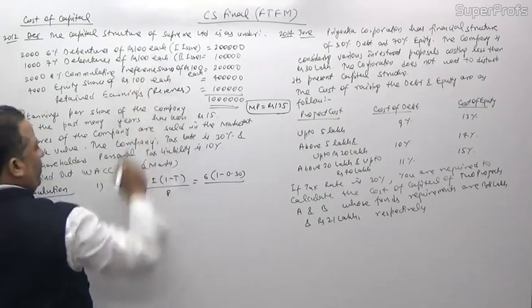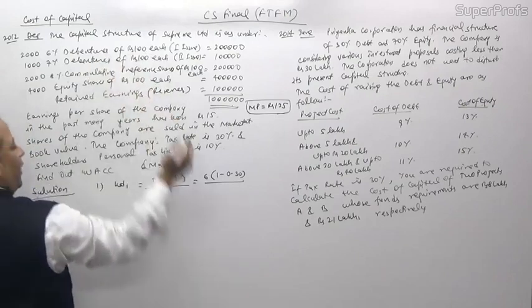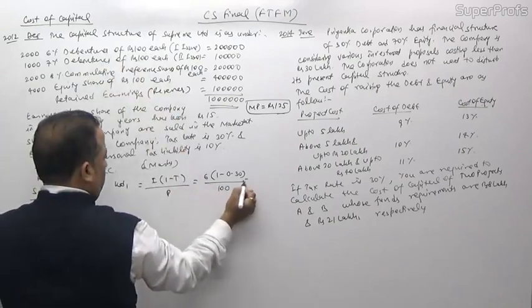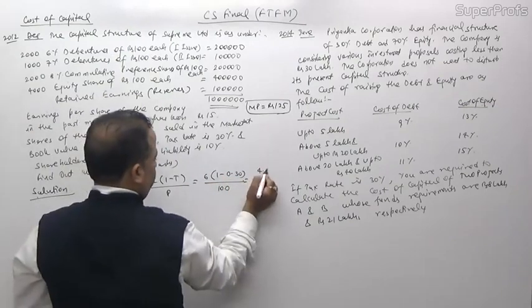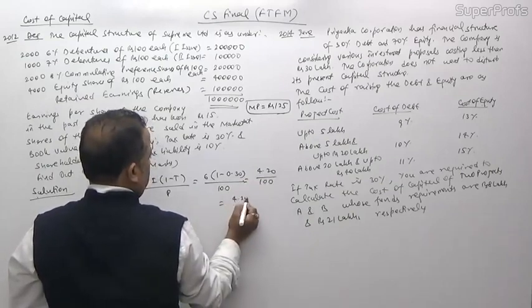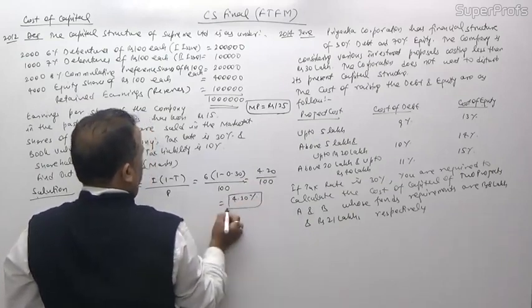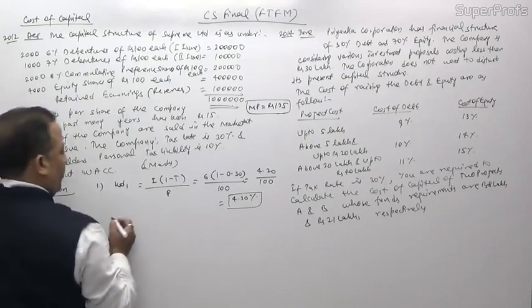The flotation price is not given, and the market price of debentures is also not given, so in that case we take the face value. The result is 4.20%, which is the cost of debt 1.